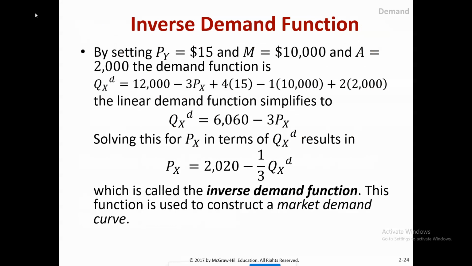Now, I'd like to review the inverse demand function. Assuming that we know the price of Y, income, and advertisement, we want to focus on the relationship between price of X and quantity demanded for X, then we can rewrite this function as the following.